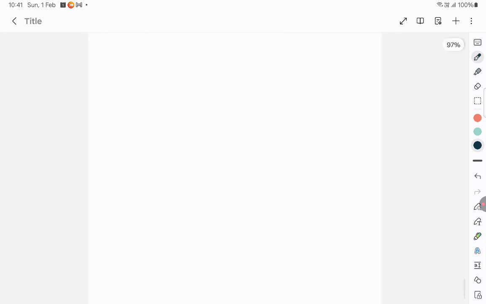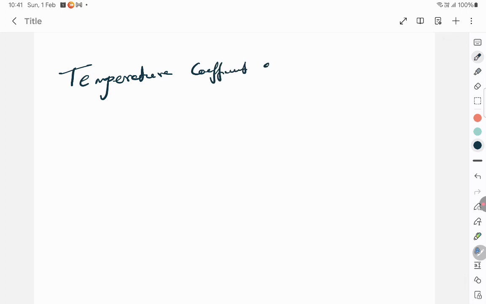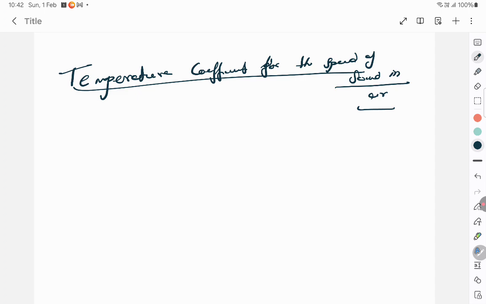Okay, so now I'm going to teach you about temperature coefficient for the speed of sound in air. What is this temperature coefficient? You know, velocity is directly proportional to square root of temperature, with what I taught you.